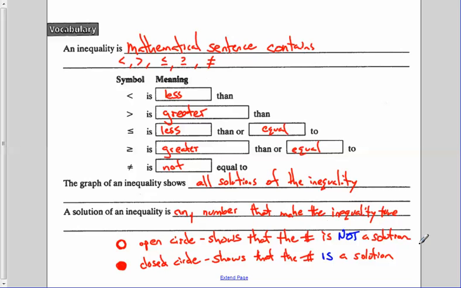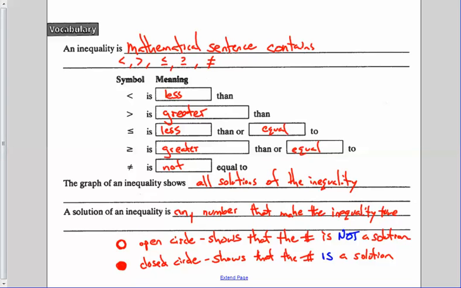So let's look at some examples as we go forward, but keep in mind that if it's an open circle, it means that everything leading to that is true, but not the number itself. And then if it's closed, the number itself is part of that solution.